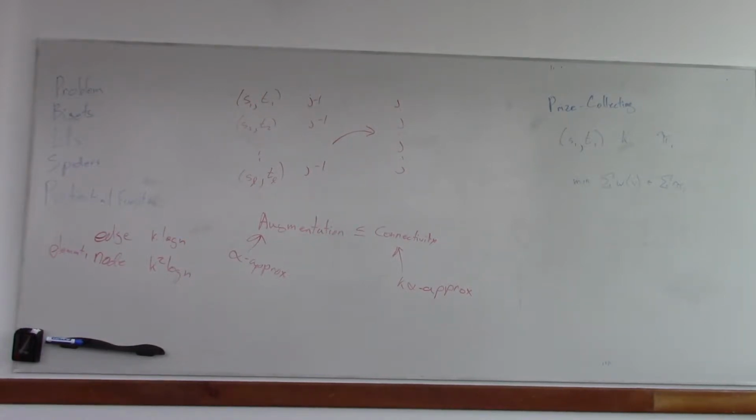Also, did this paper define the problem, or was the problem defined before? The prize collecting network activation problem has been defined and studied before, yes. What's the hardness? Of course you would ask that. That was not something I was thinking about before this talk.